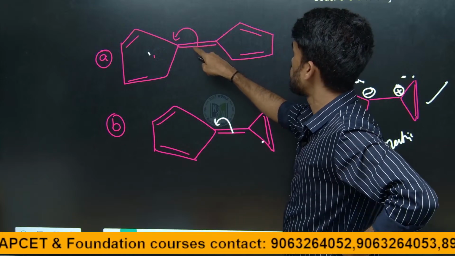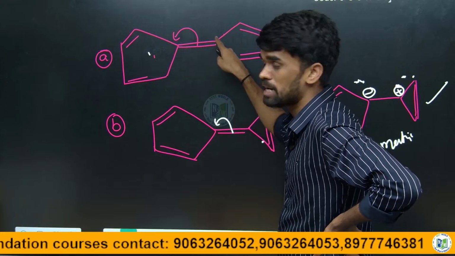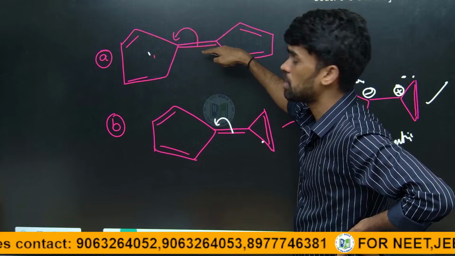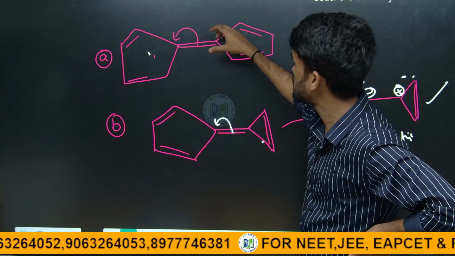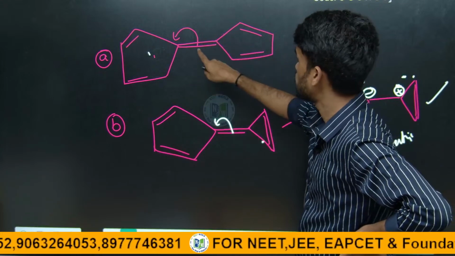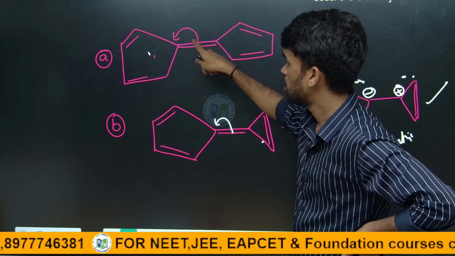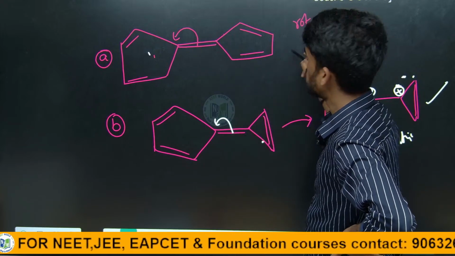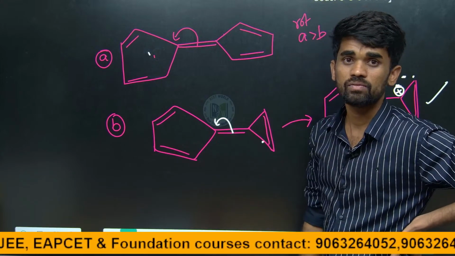Therefore the bond will not shift anywhere, it stays as a pi bond, a double bond, and it will be rotationally restricted. We cannot rotate this. It is a rotationally restricted molecule, so A has a higher rotational barrier than B. If they ask, you should say A has more rotational barrier than B. Like this we have to answer.